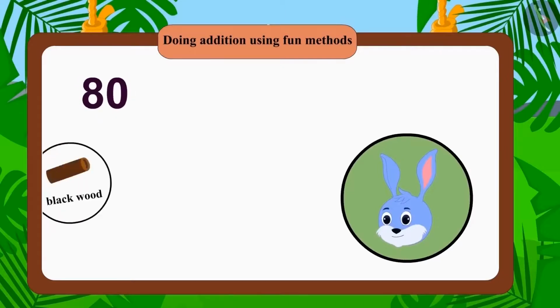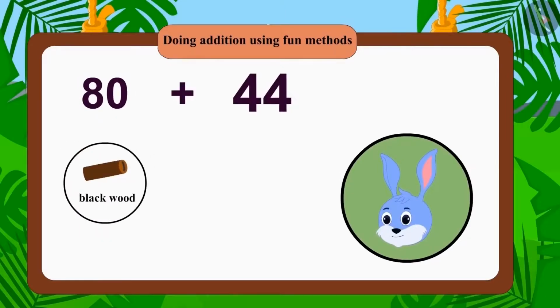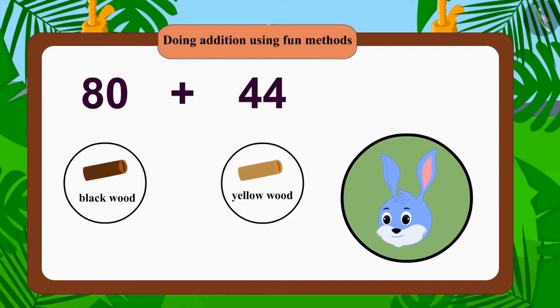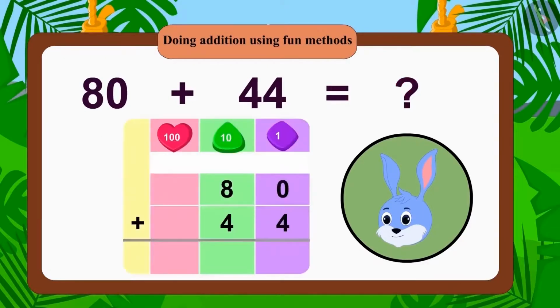If Bunny used 80 black wood and 44 yellow wood, would Bunny still have used only 124 wood? Children, you can find the answer to this question by using the process of adding two-digit numbers.